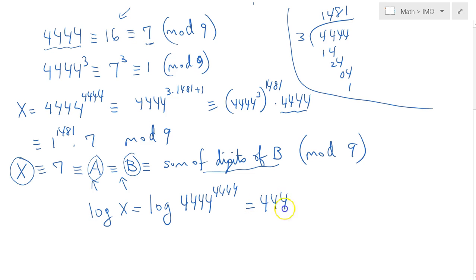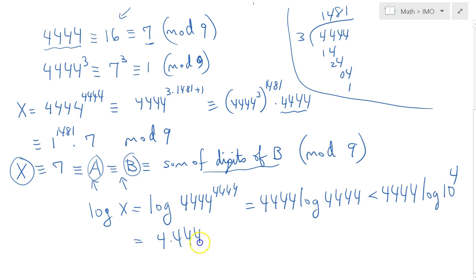That's equal to 4,444 logarithm 4,444. But that's decidedly less than 4,444 logarithm 10 to the power 4, 10,000. Well, this is nice because that's simply 4 times 4,444 times logarithm 10 in base 10, obviously.